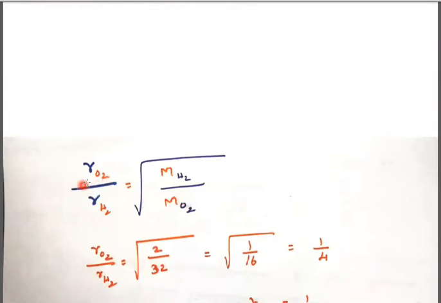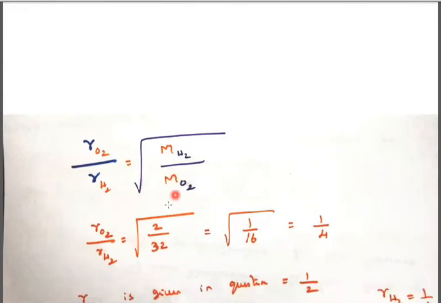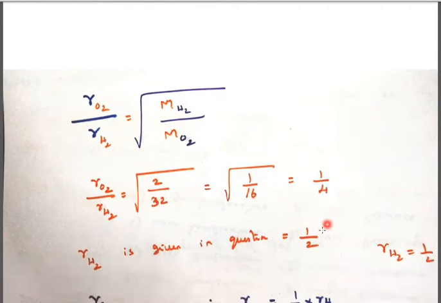For this question, RO2 by RH2 is root of molecular weight of H2 by molecular weight of O2. The molecular weight of hydrogen is 2, and of oxygen is 16 plus 16, 32. So 2 by 32 is 1 by 16, and root 1 by 16 is 1 by 4.